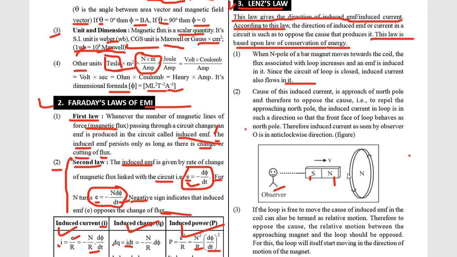Now the direction of induced current in this loop is such that it opposes the change in magnetic flux, which is the cause behind the production of the induced current. Now this flux changes due to the motion of this magnet.